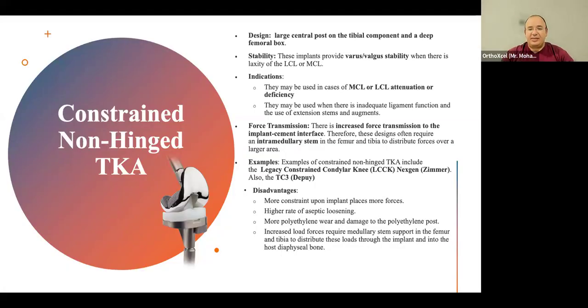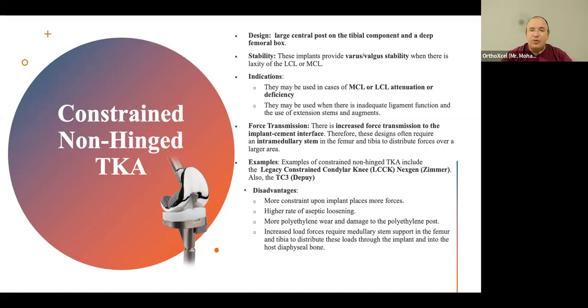Next level is to have a constrained condylar knee or CCK from NexGen from Zimmer. And as I told you, this has, as you can see, a big cam in the middle. Because it has a big cam in the middle, it controls anteroposterior and varus valgus. So if I have minimal injury to MCL or LCL and they are not functioning well, I'm worried about varovalgus movement or anteroposterior, I use a constrained knee.